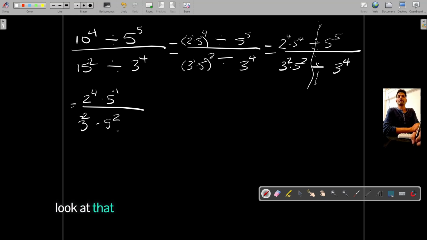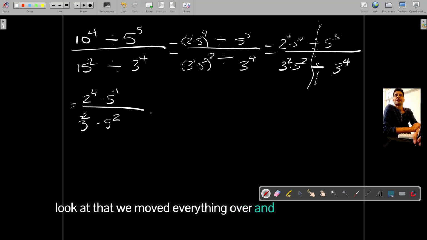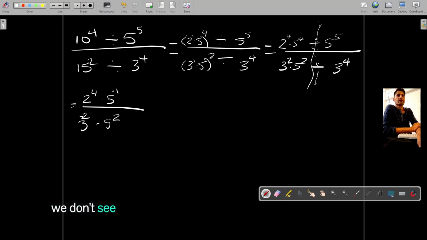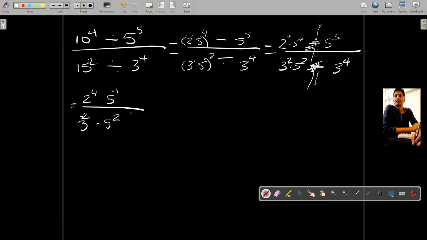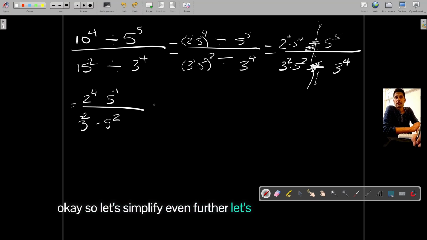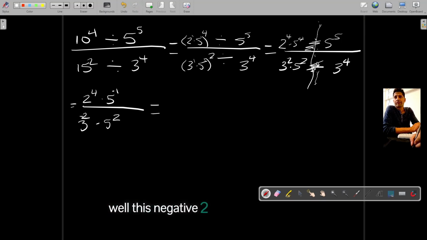Well, look at that. We moved everything over, and it looks a bit easier. We don't see this division sign anymore, or that division sign. Yay! Simplify! Okay, so let's simplify even further. This negative 2, we can cross the line, change the sign. So let's rewrite this.